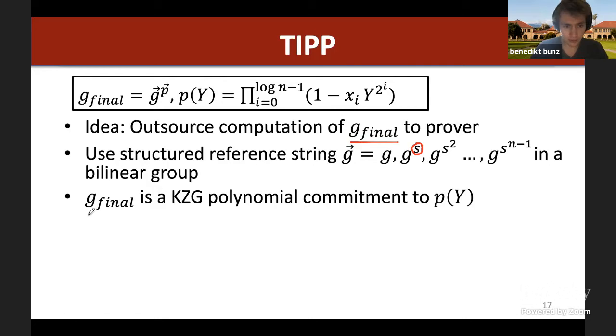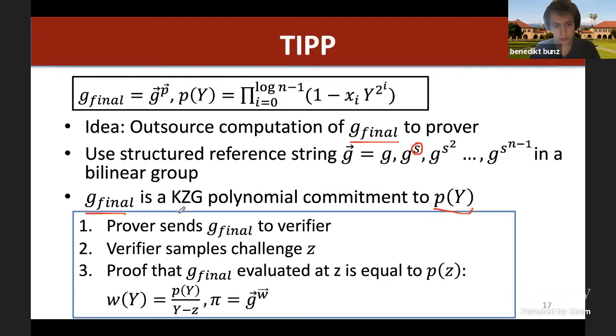Then it turns out that G final is a KZG polynomial commitment to this polynomial P of y. If you're not familiar with KZG, you have to trust me on this, but you can see that G final is equal to P evaluated at S. And this is exactly the structure of the KZG polynomial commitment scheme.